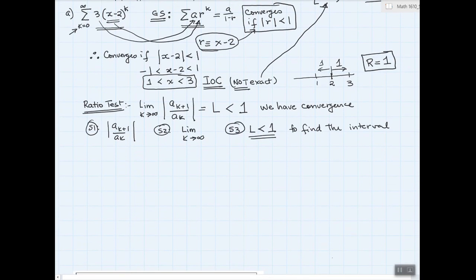So let's do it. First, a_(k+1) over a_k, remember absolute value. So what would I have? Remember, this is my a_k. So I get 3 times (x minus 2) raised to the power k plus 1, divided by a_k, which is 3 times (x minus 2) raised to the power k.